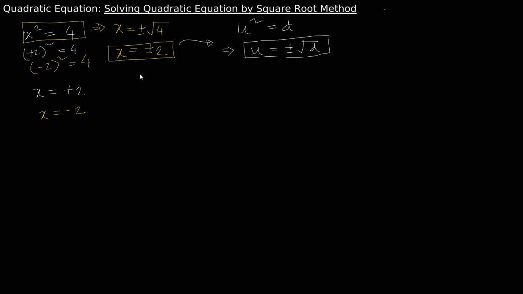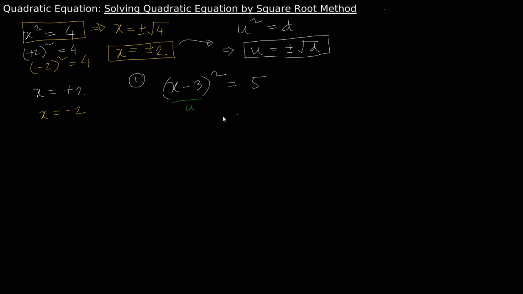Let's look at our first problem. Let's say I have the quadratic equation (x minus 3) squared equals 5. Now we want to solve for x. In this case, I can say the whole x minus 3 is my u. So I have u squared equals 5, so I can write u equals plus minus the square root of d.